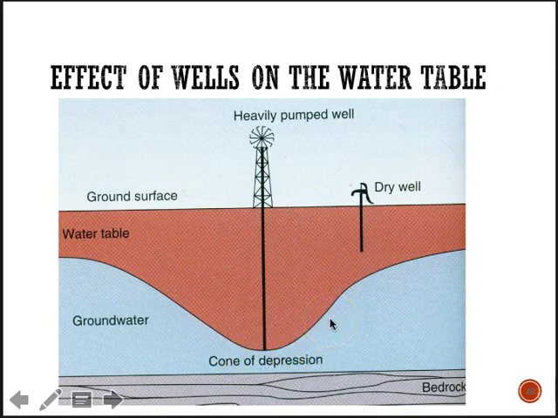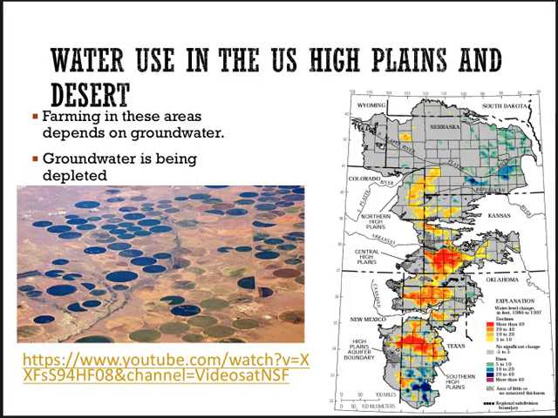And this is the kind of thing that you see in heavy irrigating areas such as the desert Southwest. And I do have a picture here. If you've never been to the desert Southwest, this is what you might see out of a plane window. In fact, I took this picture out of a plane window as I was flying back from Arizona one day.